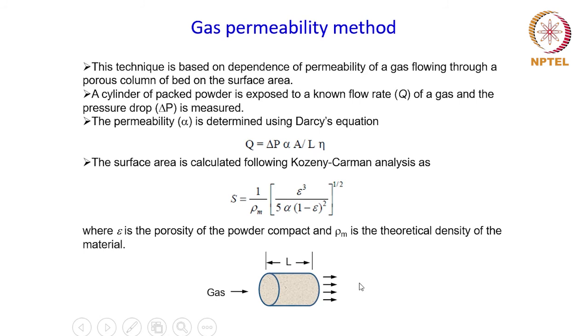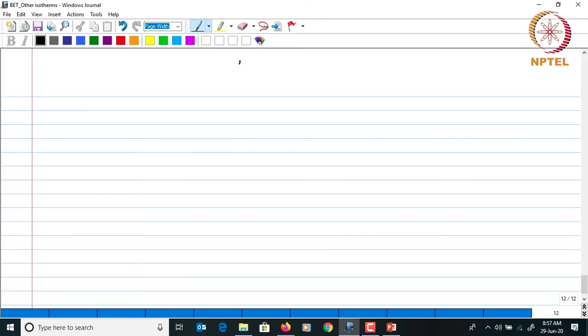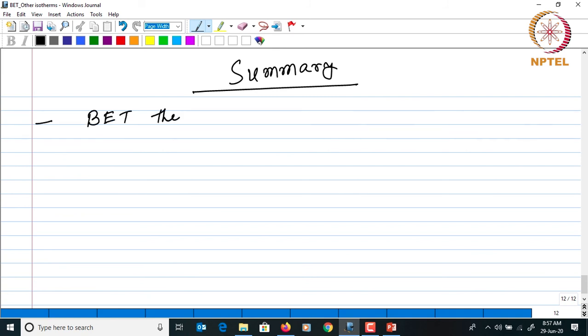Okay, so before we finish this lecture, let us take a moment to summarize it. So today we talked about the BET theory and its application in measuring specific surface area.